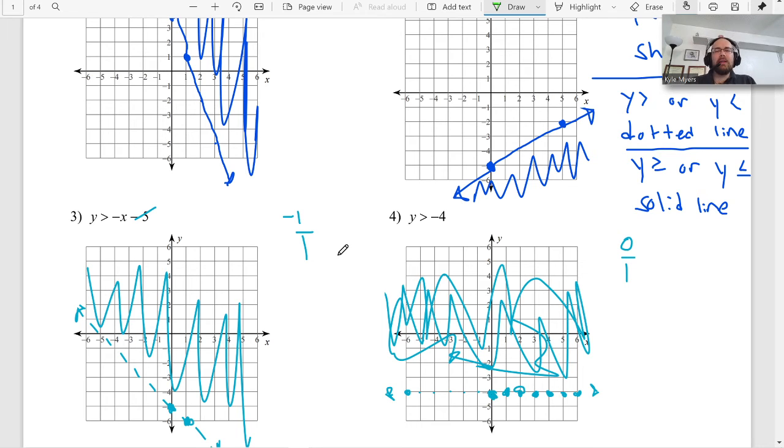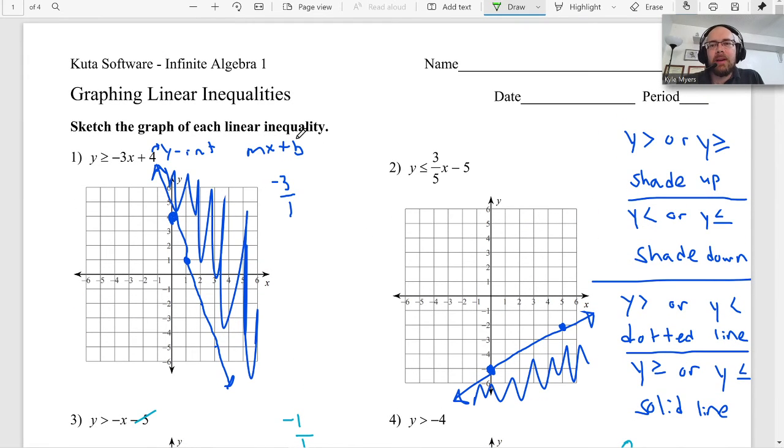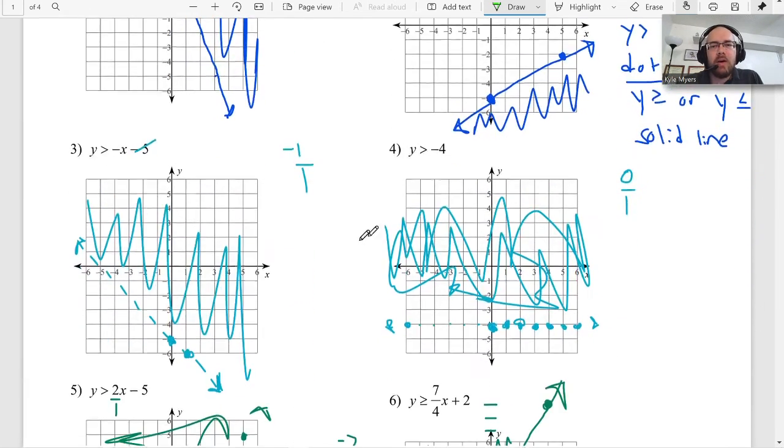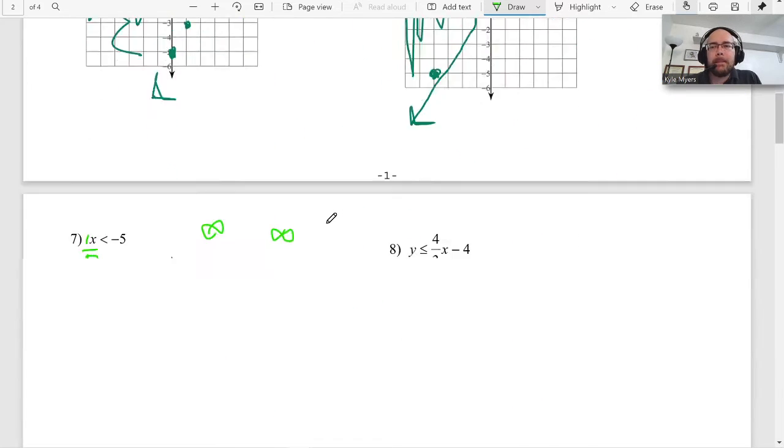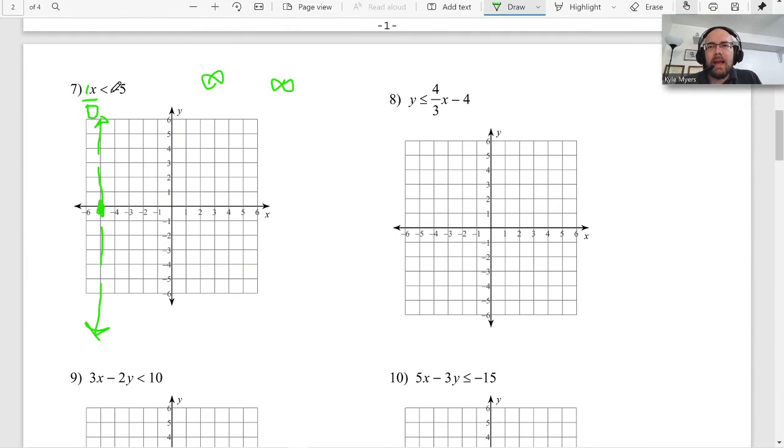I don't want you to just have to memorize a bunch of stuff. Just remember the mx plus b thing and go off of that. If there's no x, it's a 0 slope. If there's no y, it's got to have an infinity slope, so it's going to go up and down. All right, anyways. We probably won't run into any more of those.